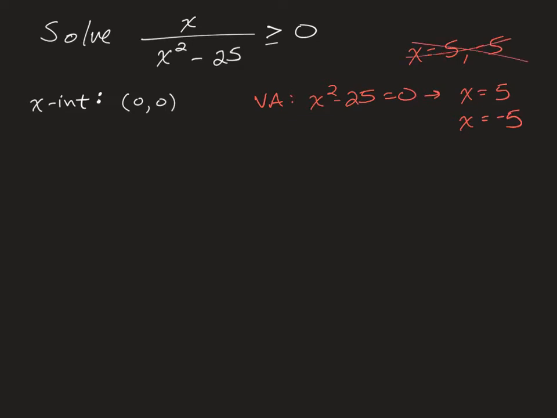That will not cut it. Okay, so let's take a look at the number line. We've got negative 5, that's a VA. We've got 0, which is an intercept, and you have positive 5, which is another VA.